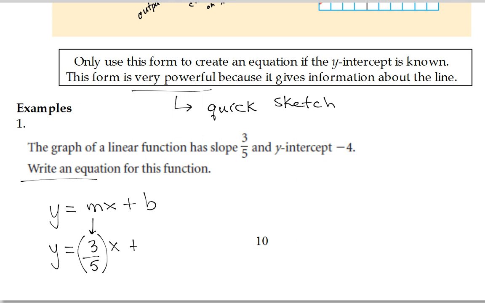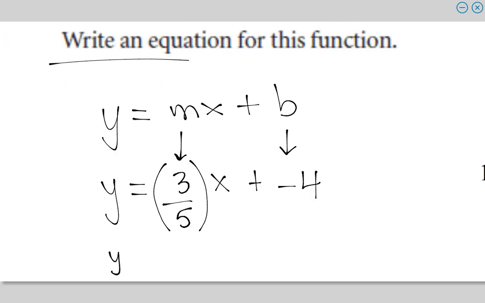And I got a plus. What's the value for b? So I got a plus a negative 4. What does it mean to plus a negative? Just subtract it, right? So you're going to have y equals 3x over 5 minus 4.